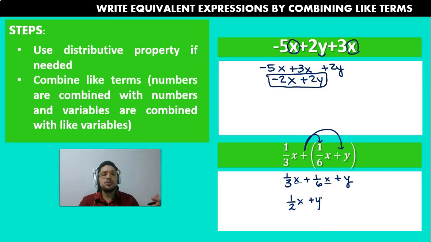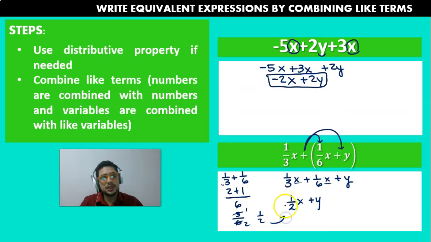And if you guys don't remember where that 1/2 comes from, it is because we have 1/3 plus 1/6, and we have the common denominator of 6. 6 divided by 3 is 2. 2 times 1 is 2 plus 1, so that is 3 divided by 6. And when we simplify by 3, that gives us 1/2, which is the value that you guys can see here. So 1/2 x plus y, and we cannot do anything else.